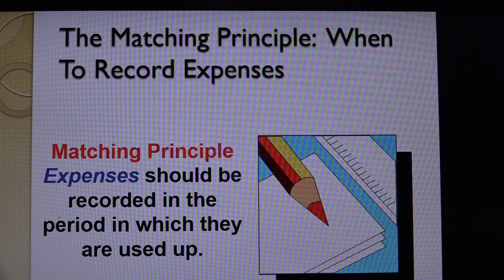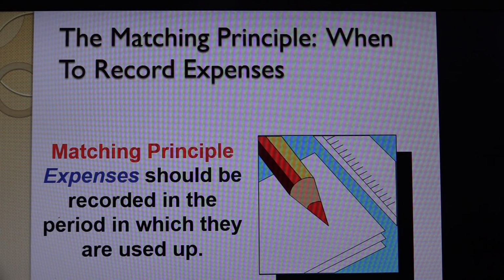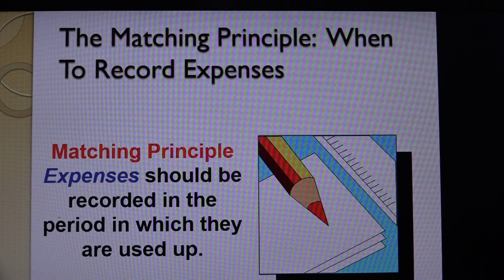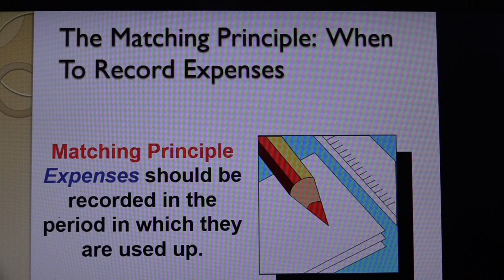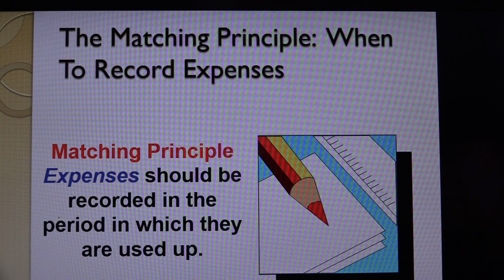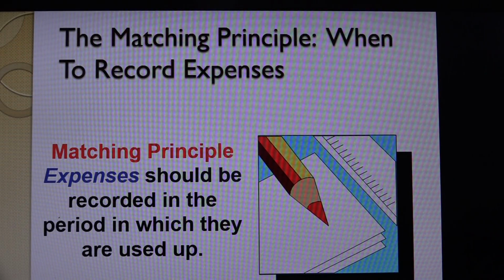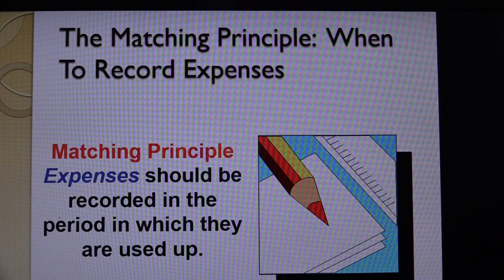The matching principle for expenses says that these expenses should be recorded in the period in which they are used up or, as I said, incurred. Again, not necessarily when paid. There's a lot of times when you might prepay for something, but utilize a benefit over a period of time.